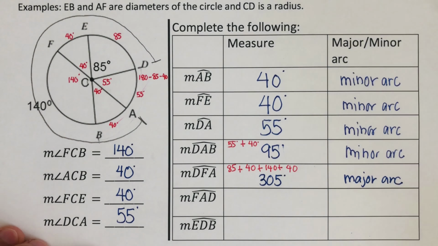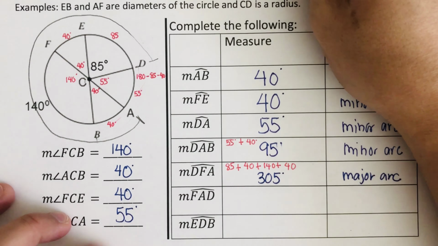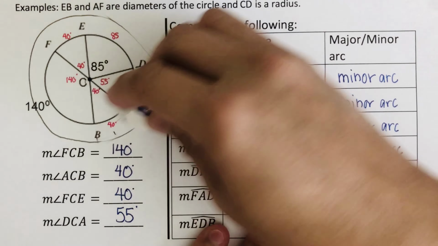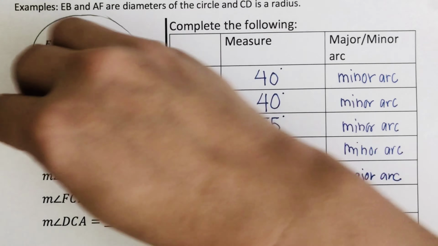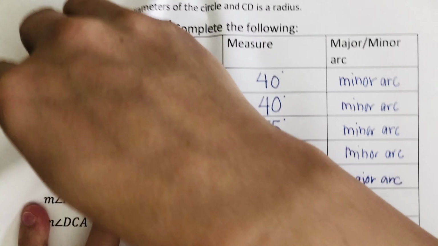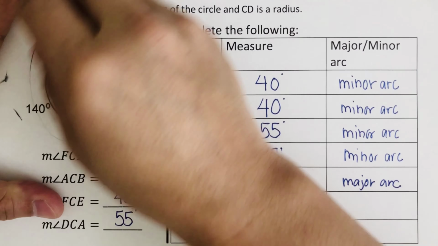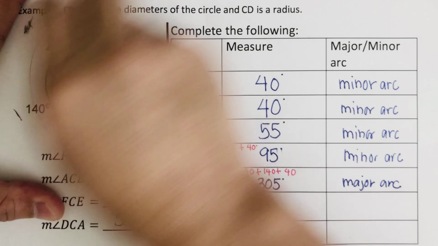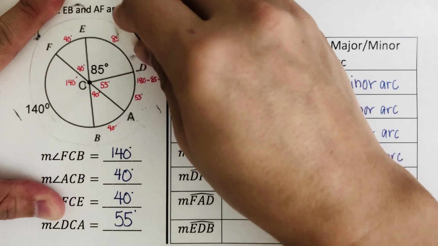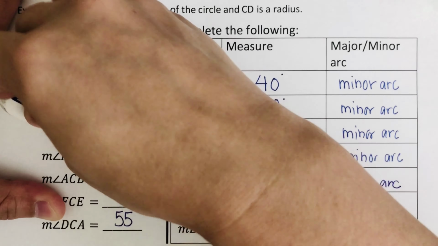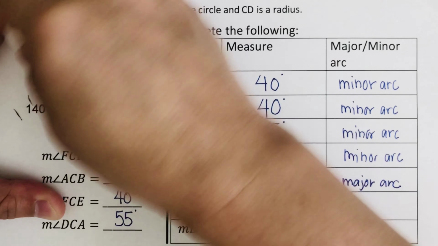Okay, and then we're going to erase this so we start over to do the next one. Then we move on to arc FAD.